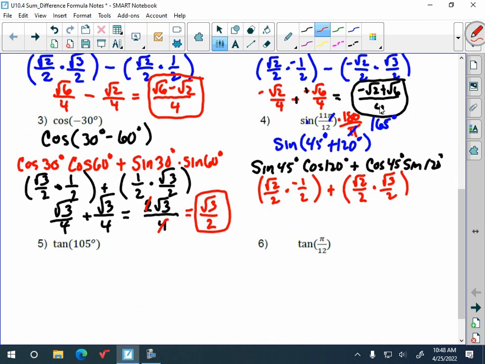Right, so multiplying these together, that's negative radical 2 over 4 plus root 6 over 4 combines to negative root 2 plus root 6 over 4. So you're going to see these same values just keep repeating, radical 2s, radical 6s, and 4s.